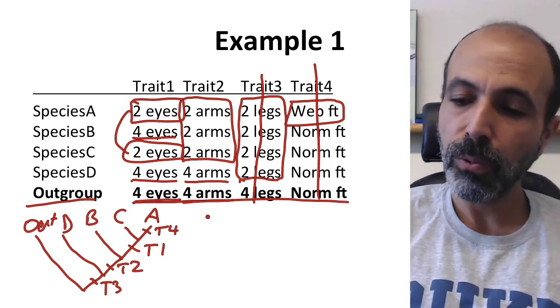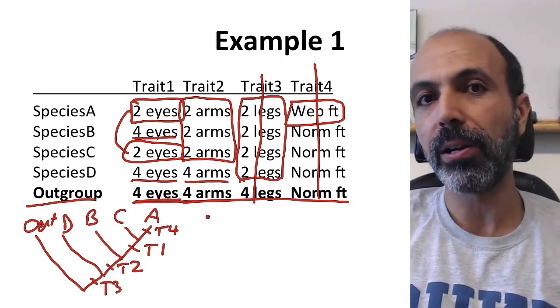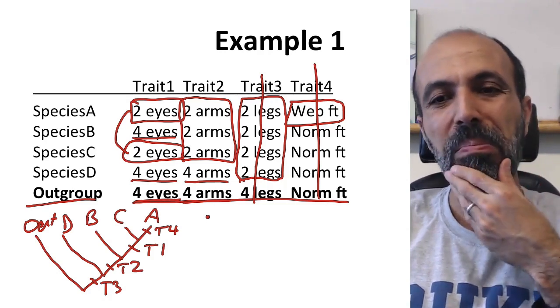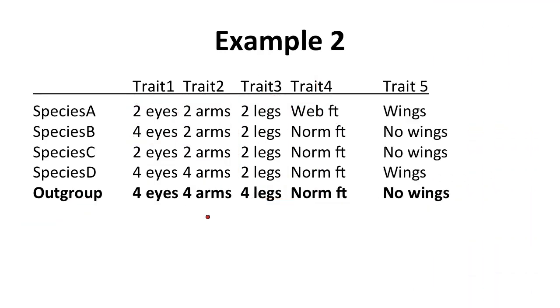So, what would happen if we add a character that doesn't agree with the other characters? Well, here's trait 5. When we look at this, we have the outgroup having no wings, and A and D share the derived form. A and D were not sister species, as you saw before.